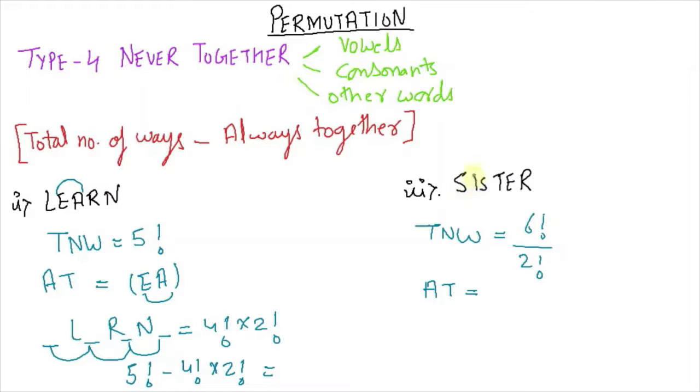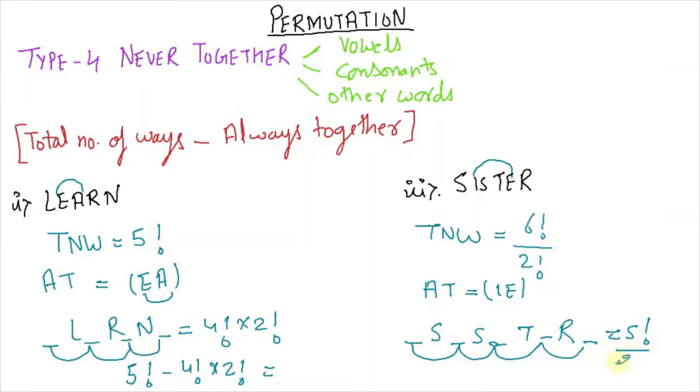Here the vowels are I and E. Write the remaining letters S, S, T and R. The number of places to fill these is 1, 2, 3, 4, 5, which means 5 factorial divided by 2 factorial, as S is repeated here twice, into I and E itself can be arranged in 2 factorial ways.